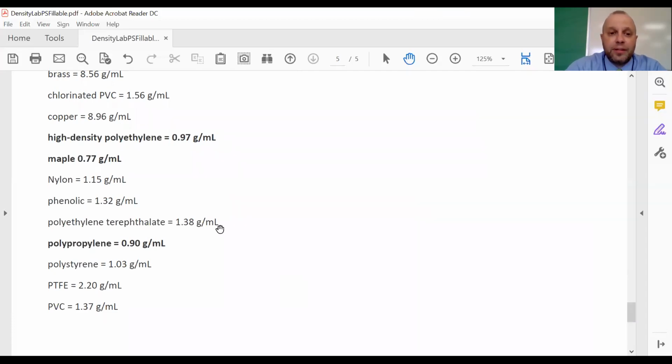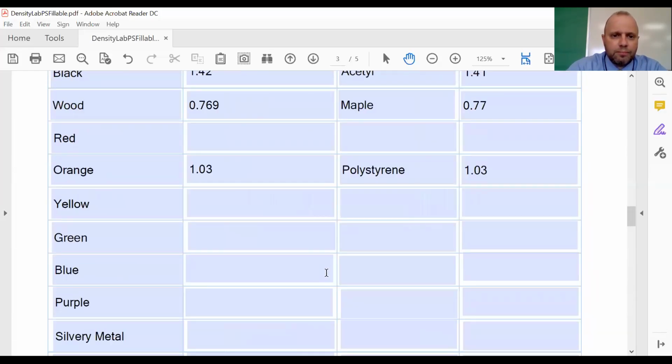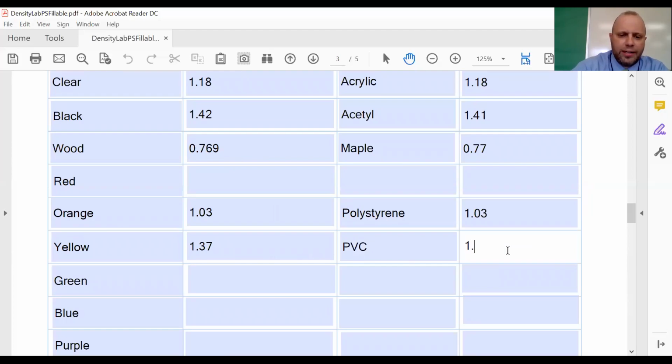Now, again, some of these are close. If you're off by a little bit, you might have picked a different material. So it's very important to be as accurate as possible. So 1.37 PVC. And we had that one spot on.